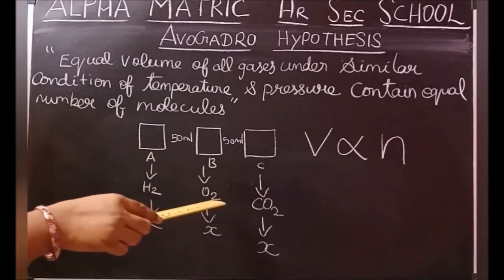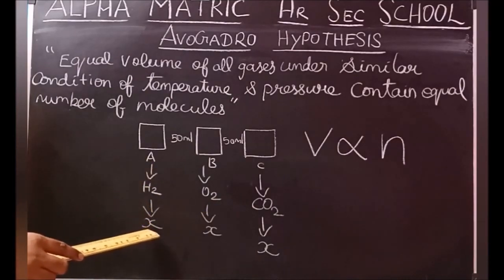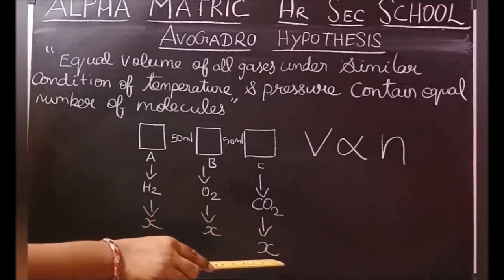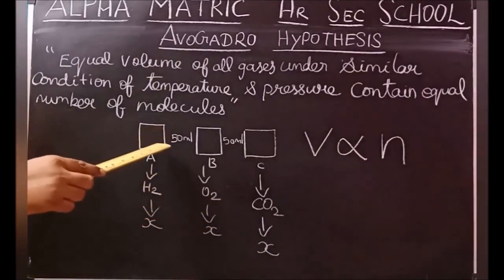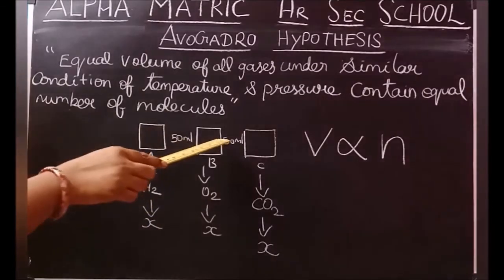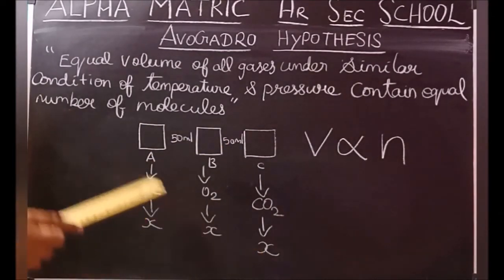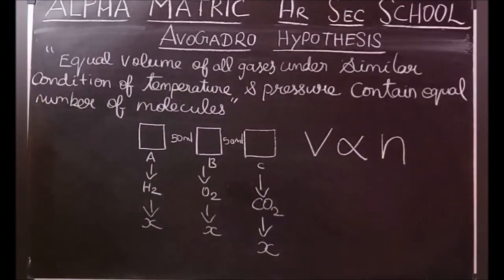These three gases are different gases, but the first beaker contained X number of molecules, the second beaker also contained X number of molecules, third also contained X number of molecules, regardless of gas. If volume of 50 ml, the same capacity, contain the same number of molecules under a similar condition of temperature and pressure, this is Avogadro law.